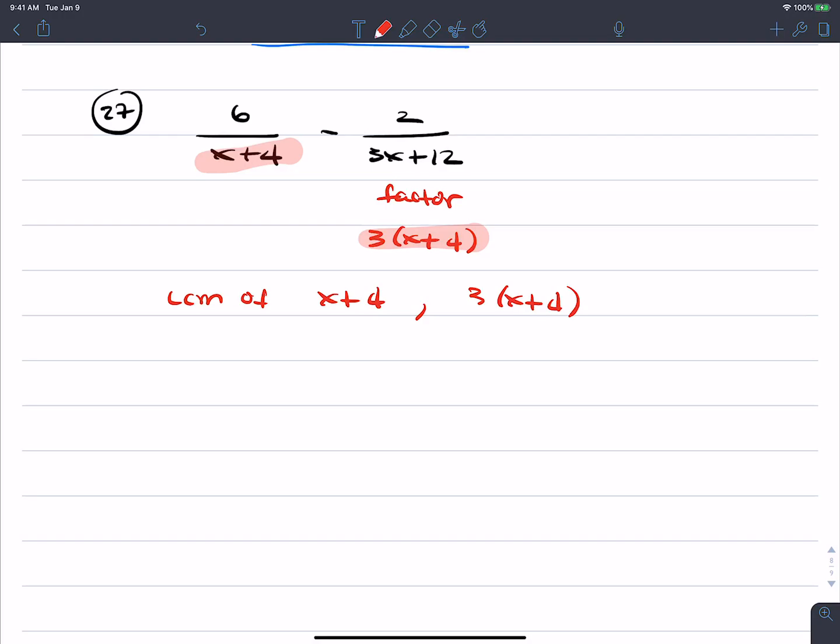So there's a couple of ways you could look at this. We say, well, what's the LCM? We can say this is 3 to the 0 power, that's 1. Is that right?